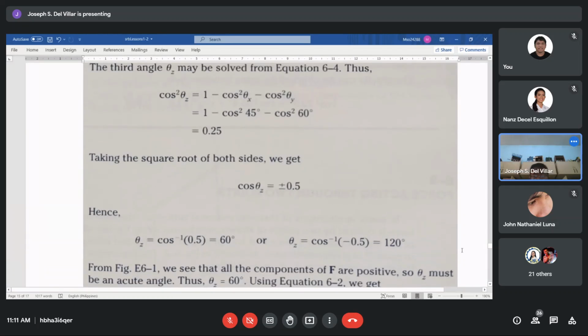Okay? So that means we will be getting two angles, 60 degrees and 120. Now, which of the two is the correct angle? Okay? So how are we going to know which of these two are we going to choose? Okay, we go back to the given.